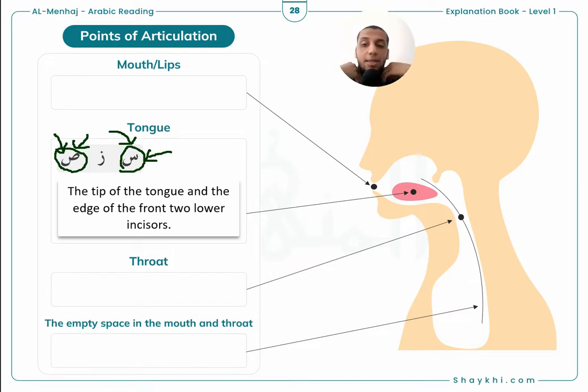So to conclude, these three letters have the same point of articulation, but the difference between Sin and Zay is al-jahr and al-hams.